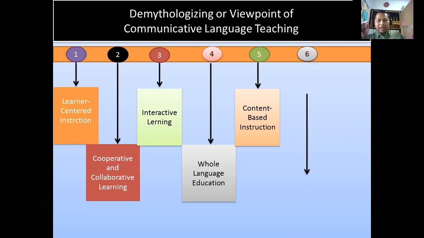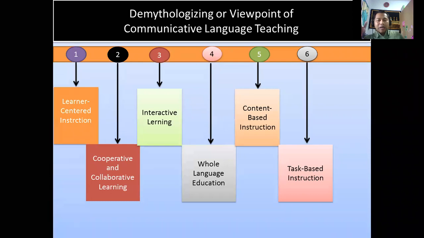The same as the last one, number 6, task-based instructions. What is the difference? Actually, they are the same, but content-based is focused on the content: you're studying subject matter using English. Task-based instruction is related to the task. All the tasks of any subject using English are task-based instructions.